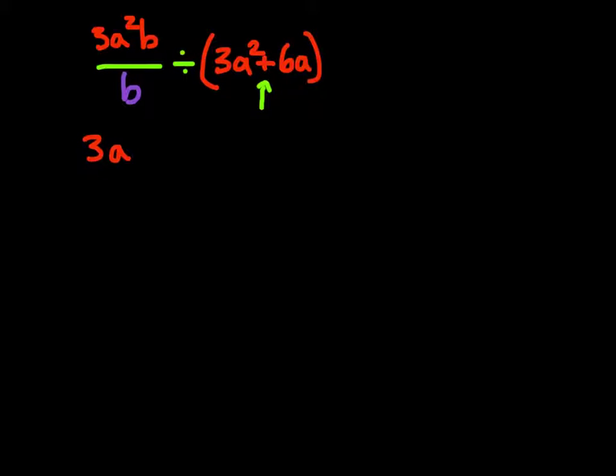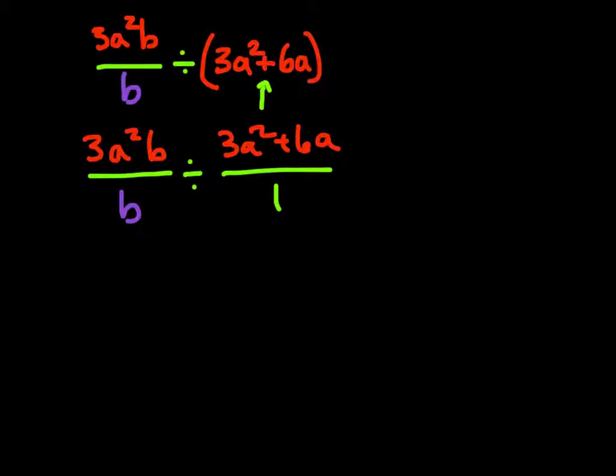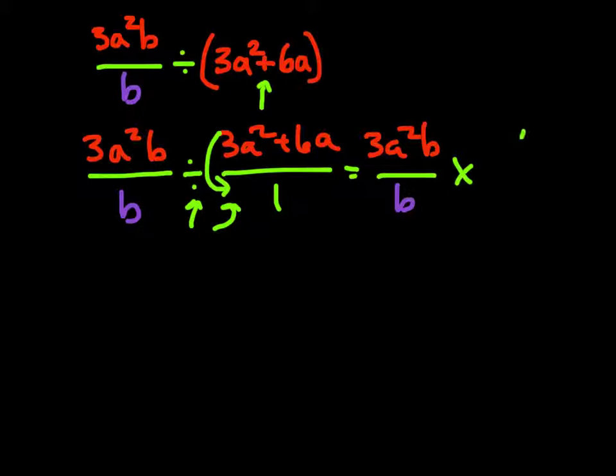We can put it over essentially 1. And so I'm going to rewrite all of this. We're going to divide, and we have 3a squared plus 6a over 1. From there, we can then do our multiplication by the reciprocal. So we're going to flip this. We're going to end up with 3a squared b over b times 1 over 3a squared plus 6a.